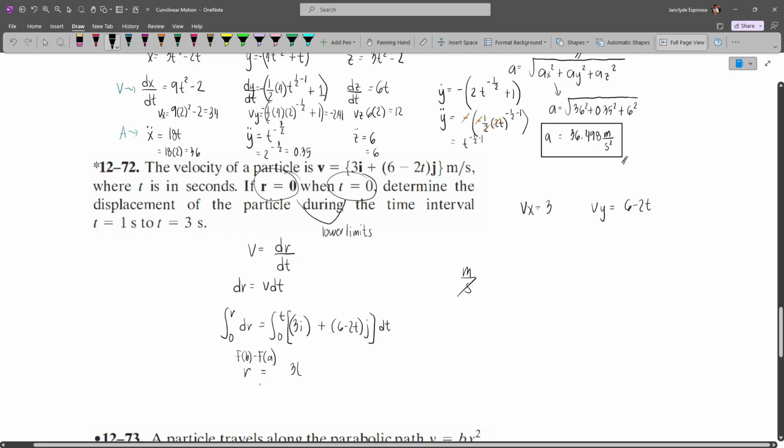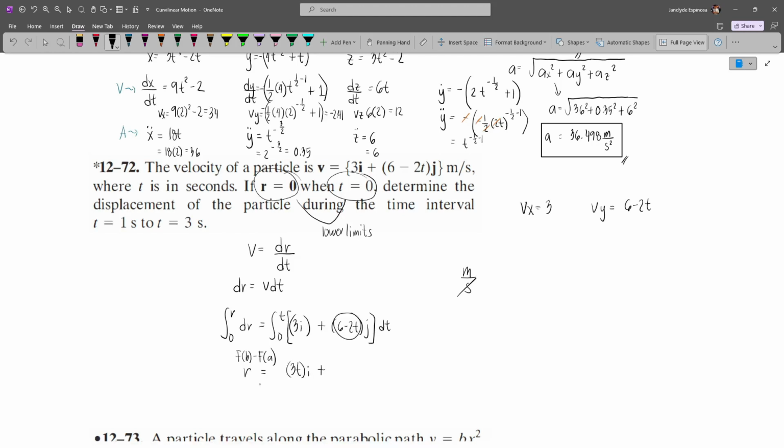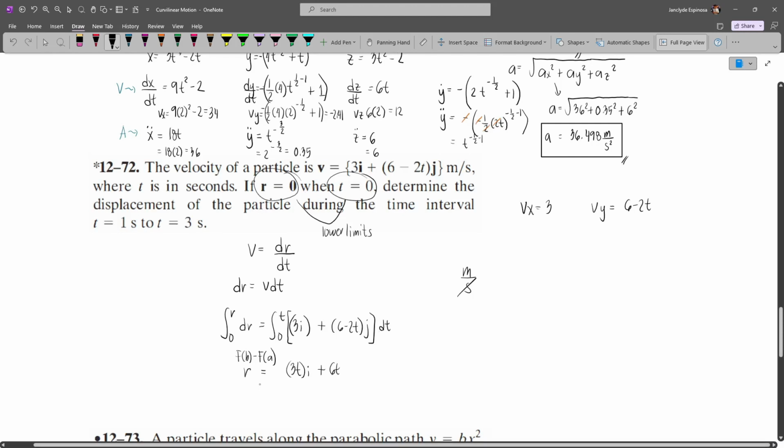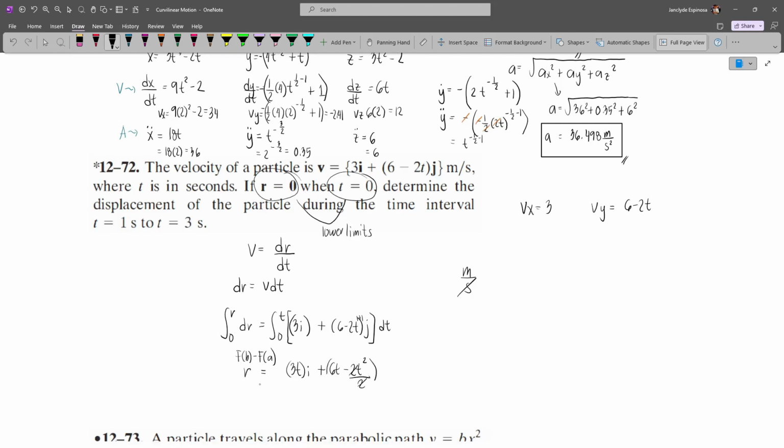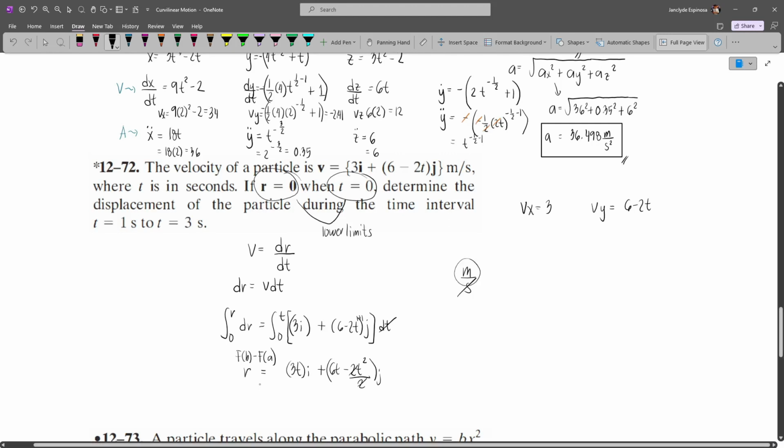This will become 3ti, and then plus integrating this with respect to time, this will become 6t for this term, and then integrating 2t, we have minus 2t squared because 1 plus 1 equals 2, and then we'll divide this by the resulting exponent. So divide by 2, these will cancel, and then this is paired with j, and then since we integrated with respect to time, this will now be removed, and then instead of meter per second, we now have meters. Now since the lower limit is 0, then it won't change a thing if we apply the definite integral. So this is now actually our r.